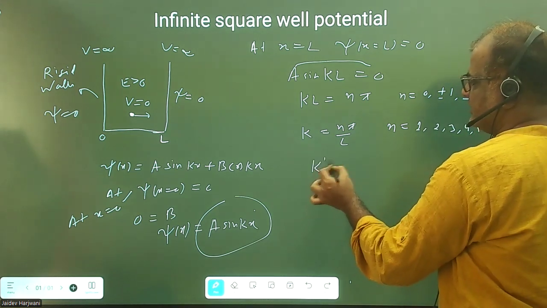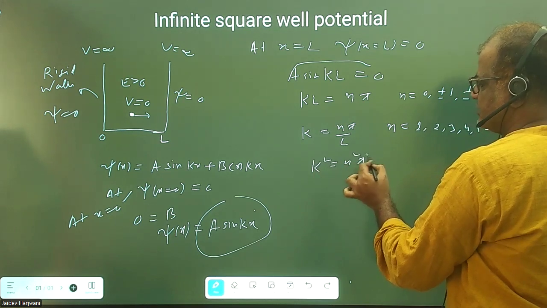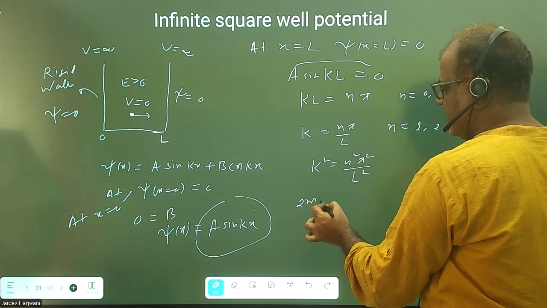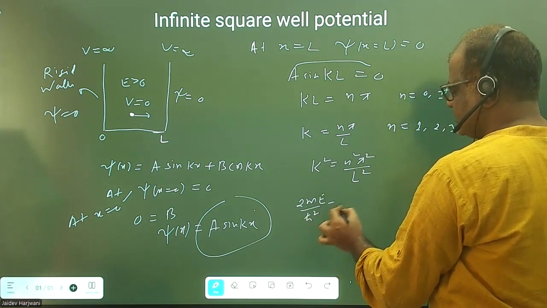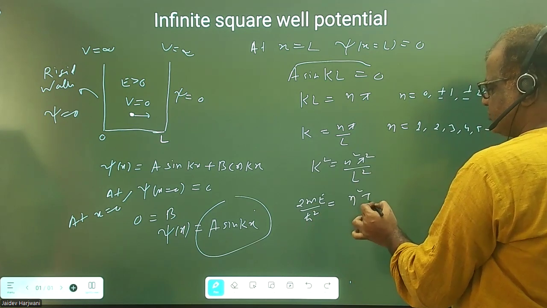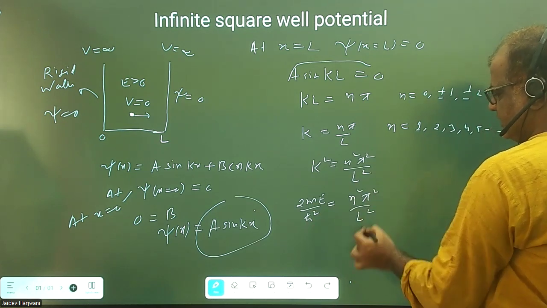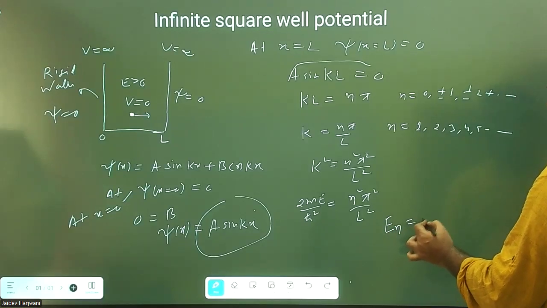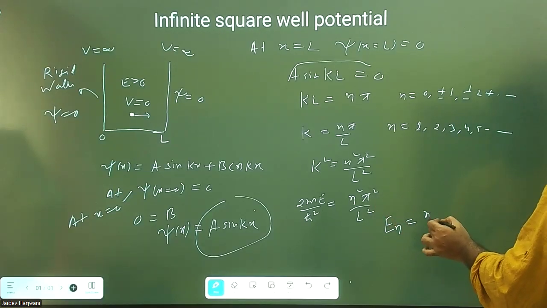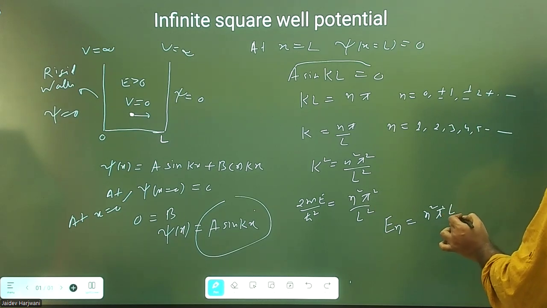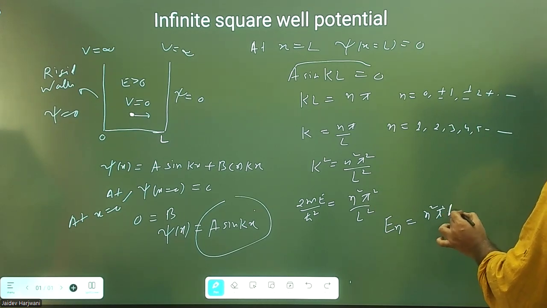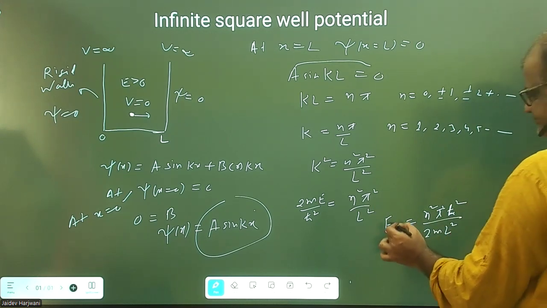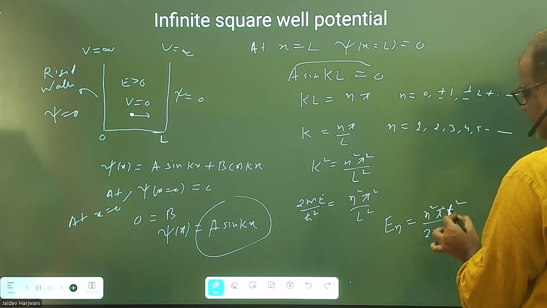So K square becomes n square π square over L square, and K square is my 2mE over ħ square. So this gives me the energy of the particle: E = n square π square ħ square over 2mL square.